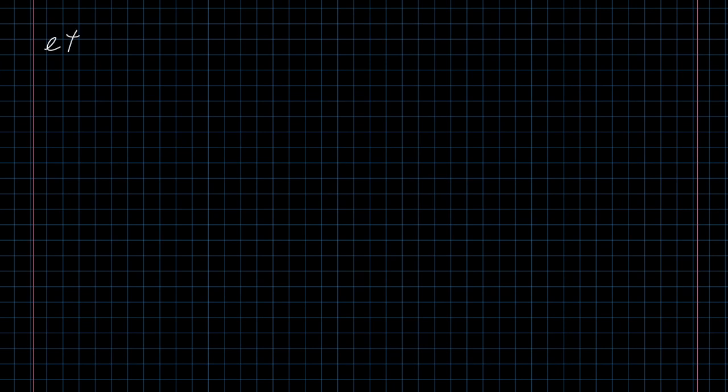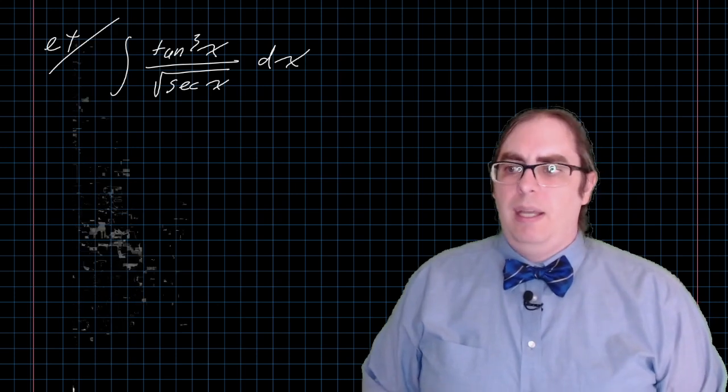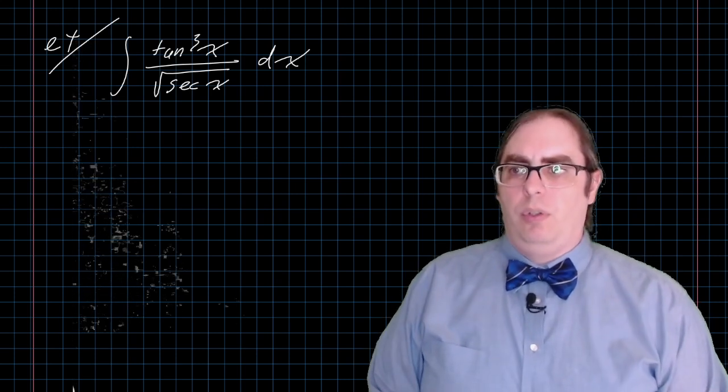And if I can get my pen working, I'll wrap up here with one for you to try. A little bit more convoluted than things we've looked at previously, but the same rules are still going to hold.